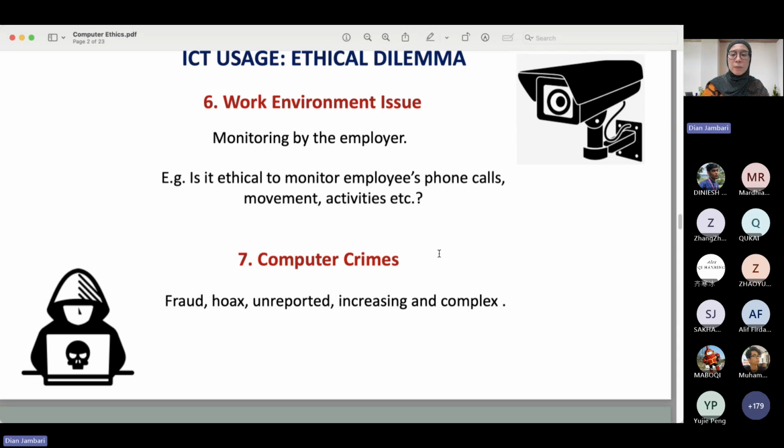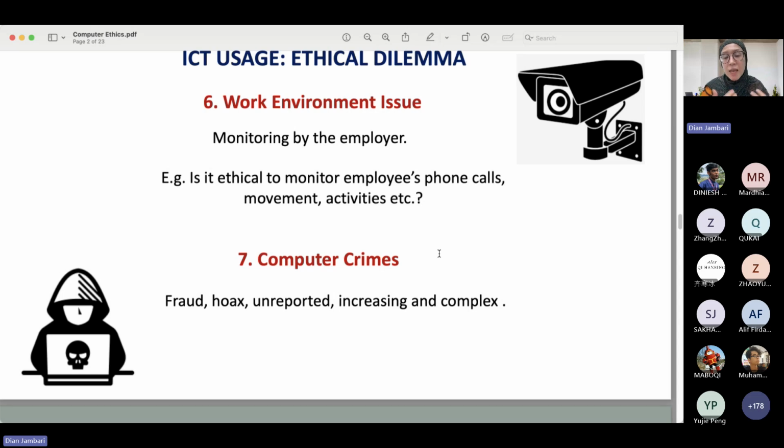It can be an ethical dilemma because of the use of the computer that is facilitating the scam, the fraud and the hoax that is happening, and yet it is unreported. So there's a dilemma: this is a scam and it's not being reported where it should be, in order to help not cause further harm. But it's unreported, so there's an ethical dilemma there.